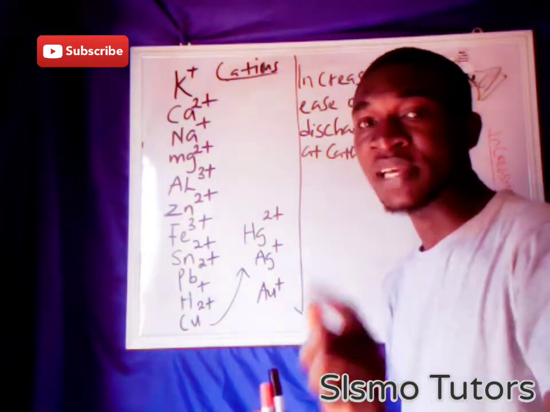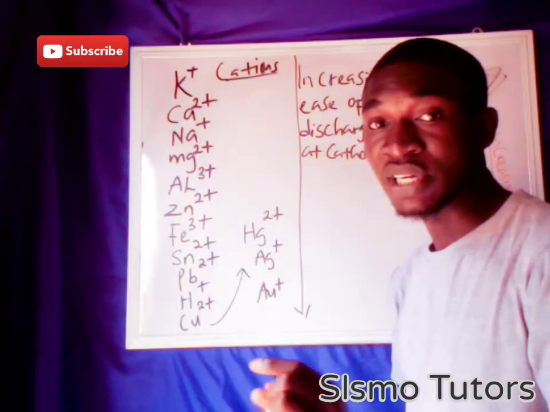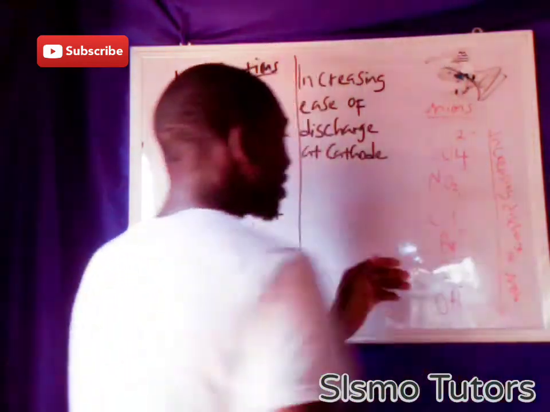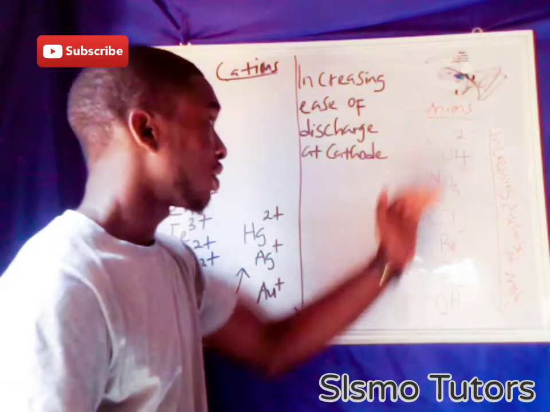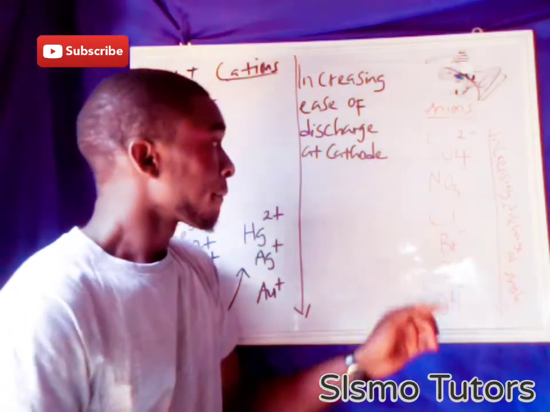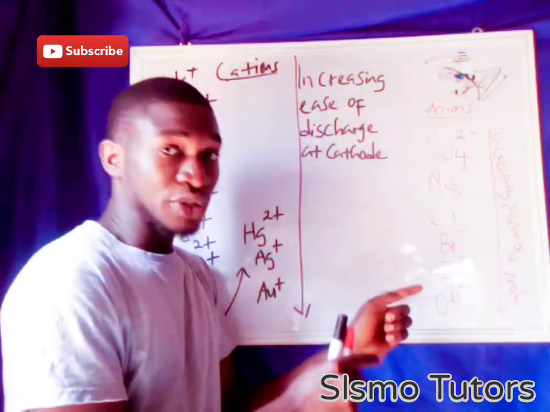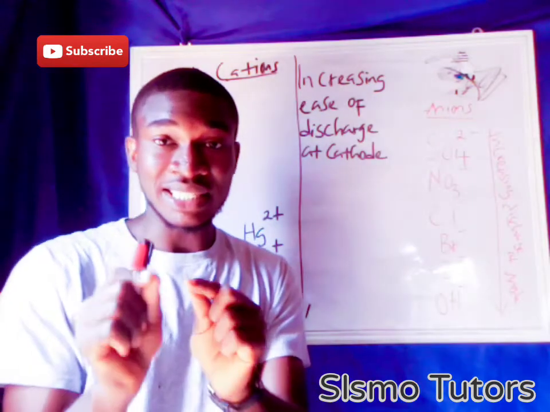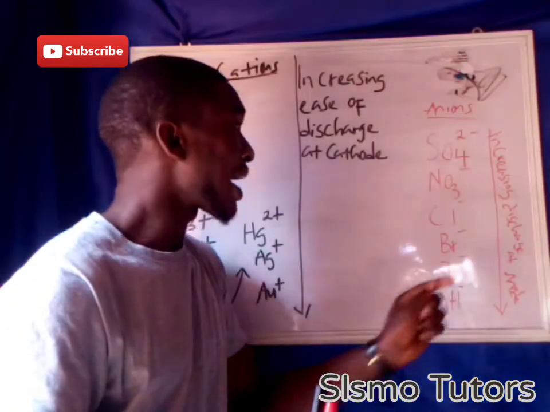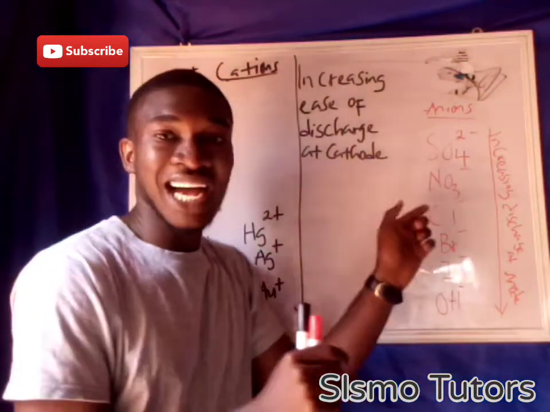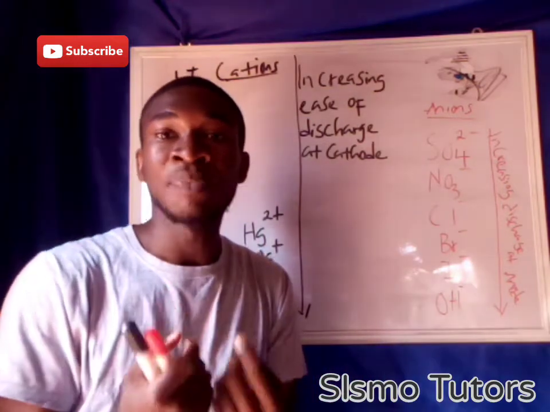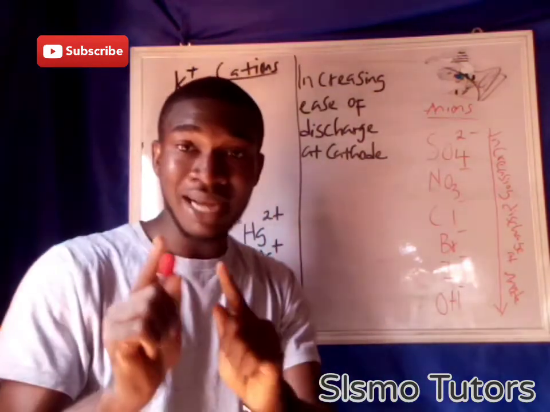The same is applicable to the electrochemical series of the anions. Considering the electrochemical series of the anions we have here, as we are going down the group, electronegativity decreases while the ease at which these ions are discharged increases. So, what am I trying to say?